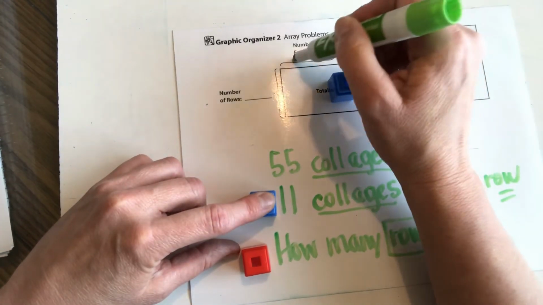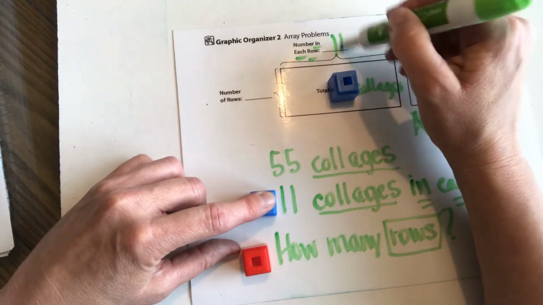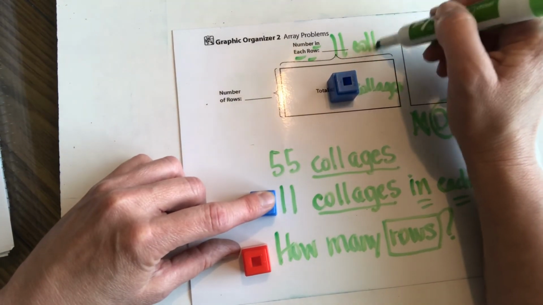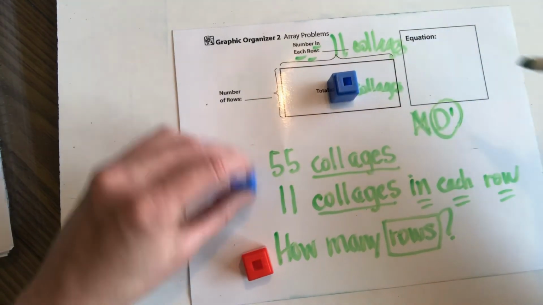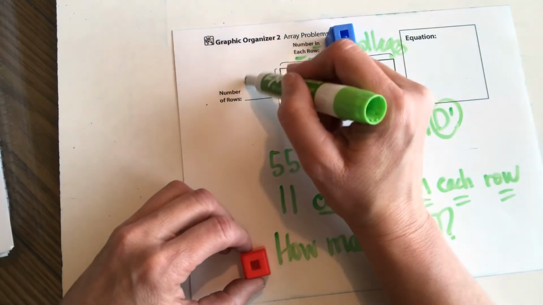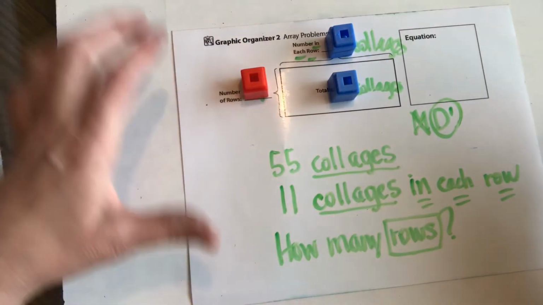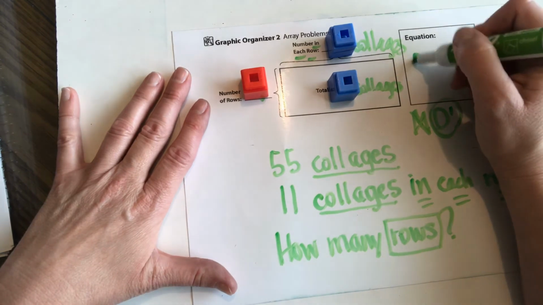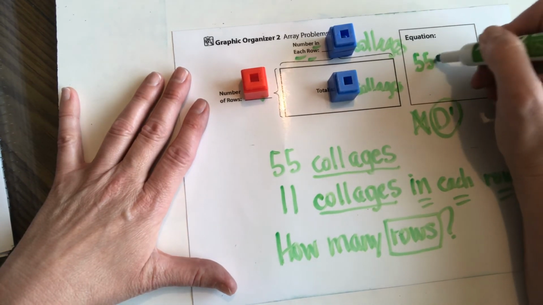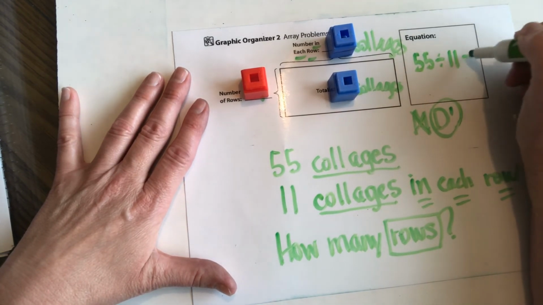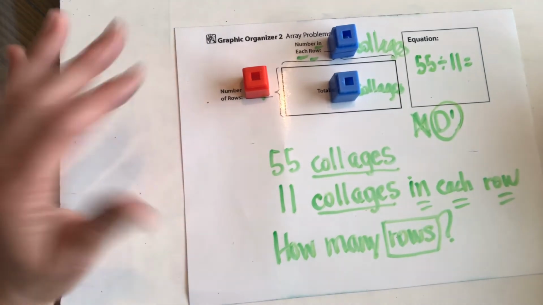We know in each row is important, and that's part of the collages. And we are looking for how many rows? So we've got 55 divided by 11.